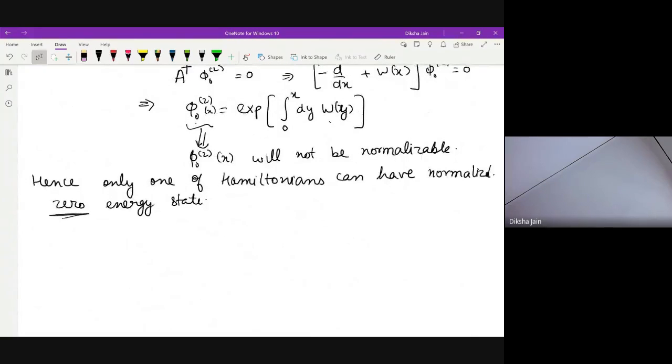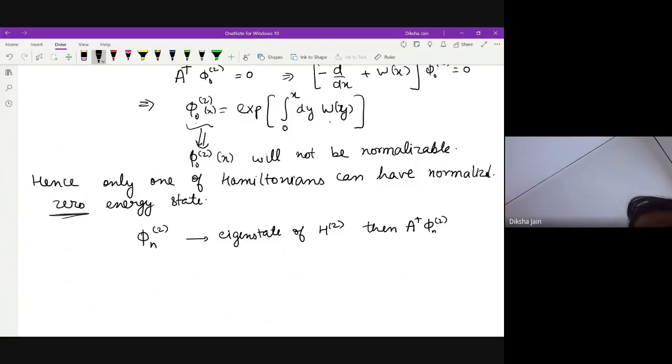Okay. So what we have shown till now is that if phi n of 2 is an eigenstate of H2, then A dagger acting on phi n of 2 is an eigenstate of H1.